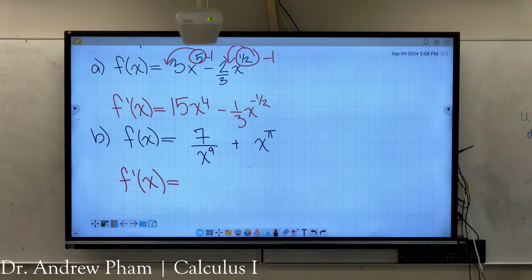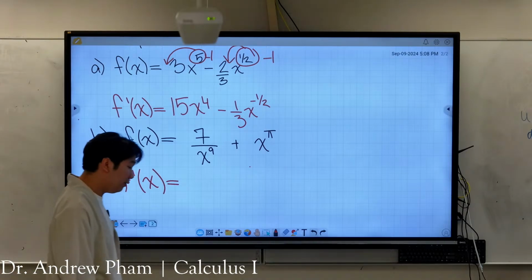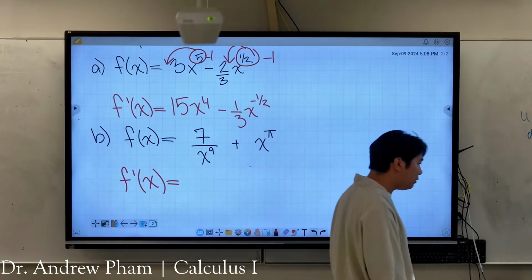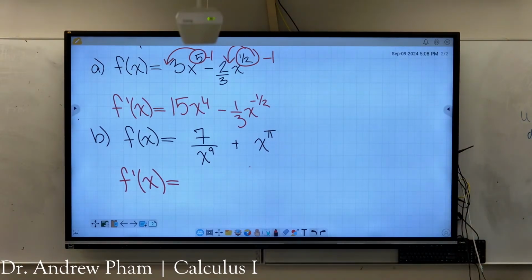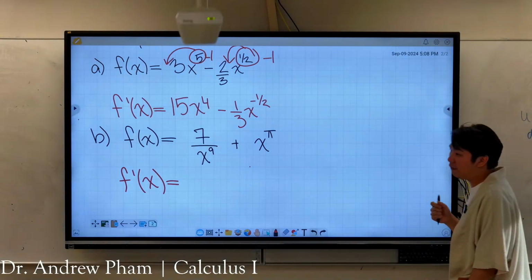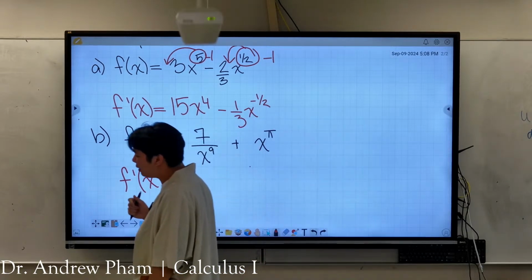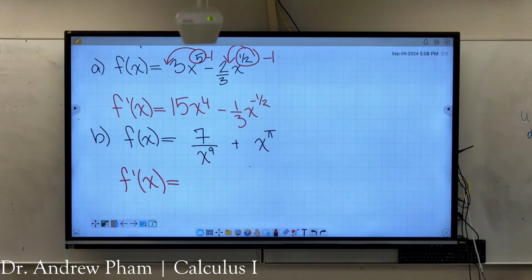So before I even attempt to find the derivative, looking at this, am I allowed to apply the power rule immediately? No, because my power rule said I can only apply it whenever it's just maybe a coefficient times x to the power of n. It said nothing about what happens whenever I'm dividing by x or anything like that. So what might I want to do before I try to take the derivative?